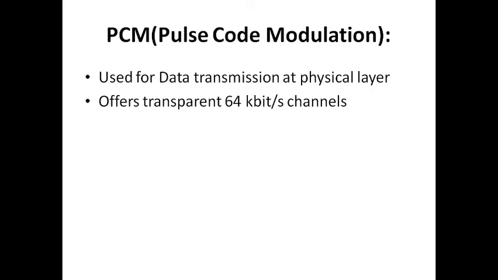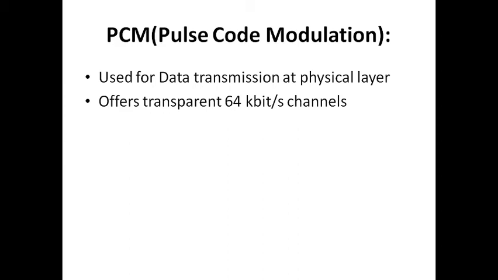It is used for data transmission at the physical layer. These PCM systems offer transparent data with a rate of 64 kilobits per second channel. Also, this physical layer at the A interface typically includes some leased lines, and it is very important for data transmission at the physical layer.